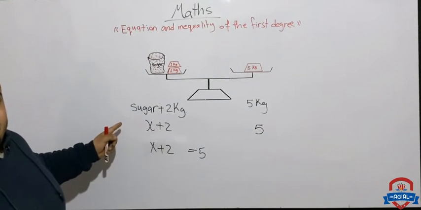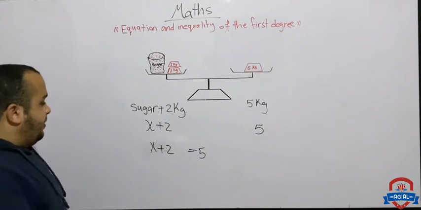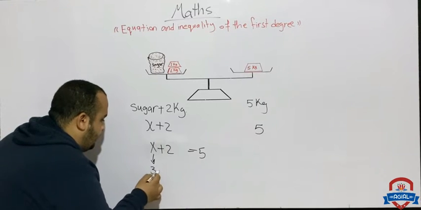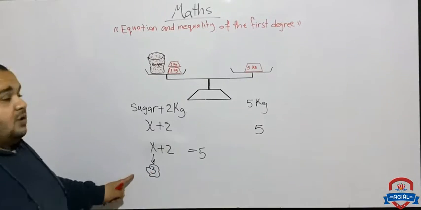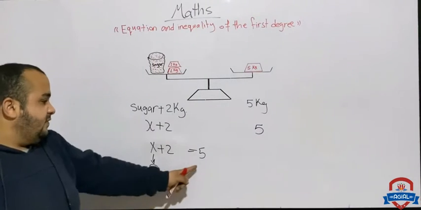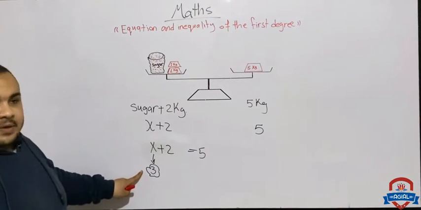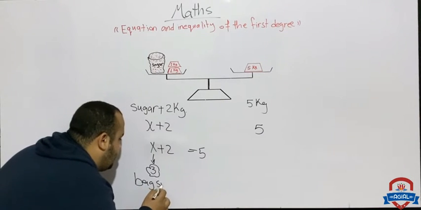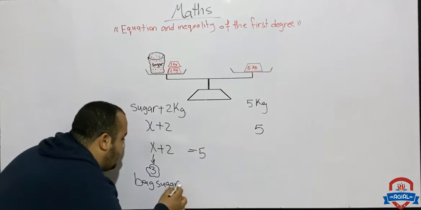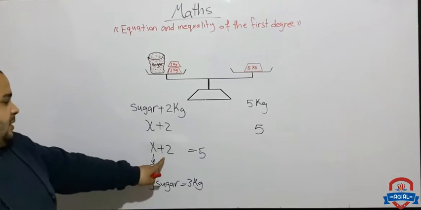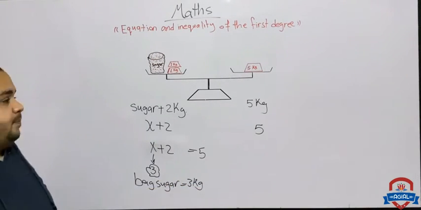That means the bag of sugar equals 3 kilograms, because 3 is the unique number which, if we add it to 2, gives 5. So the bag of sugar equals 3 kilograms if x plus 2 equals 5.